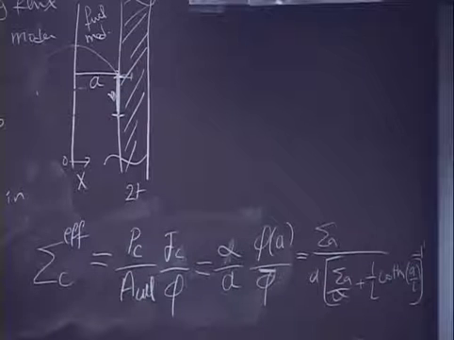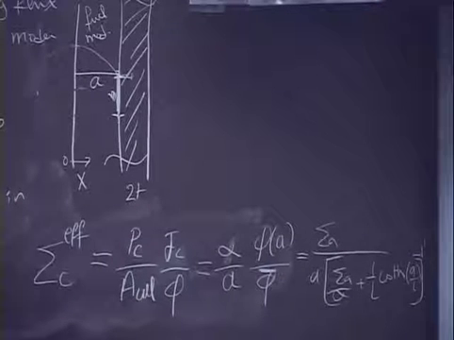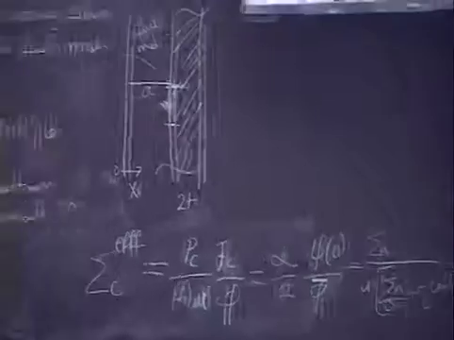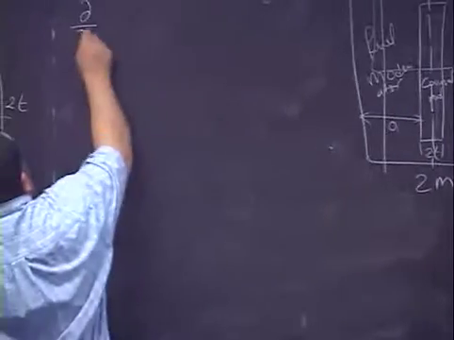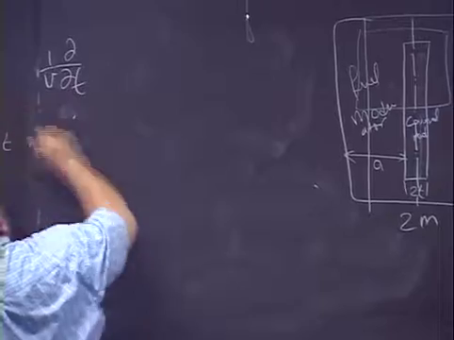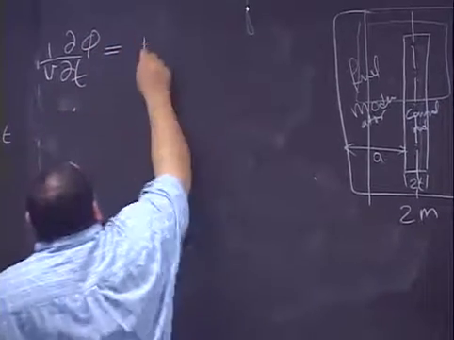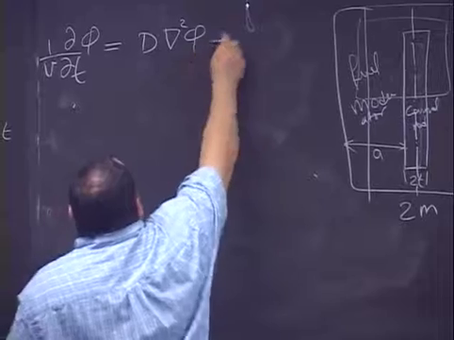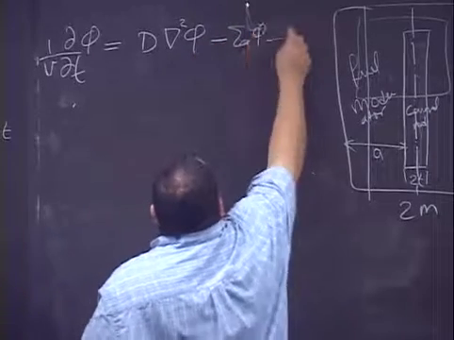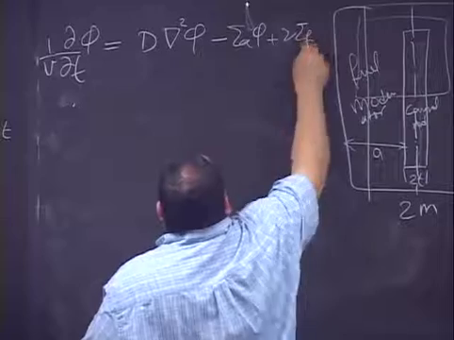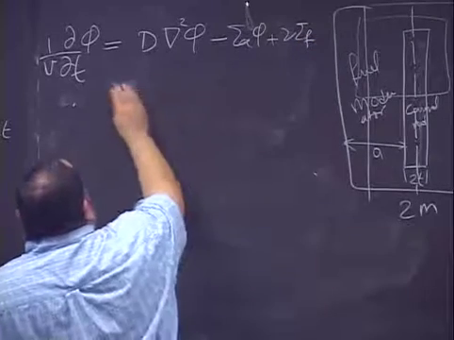the diffusion equation is in this form. All I want you to understand is that the diffusion equation, d by dt of 1 over v multiplied by the flux, equals D nabla squared phi minus sigma absorption phi plus nu sigma fission phi plus source.